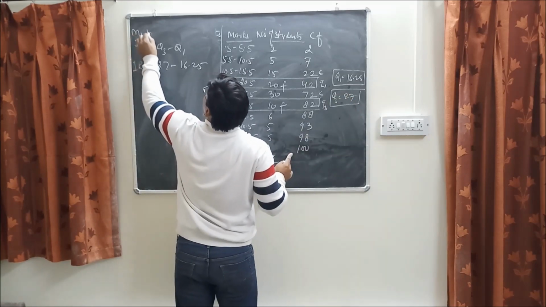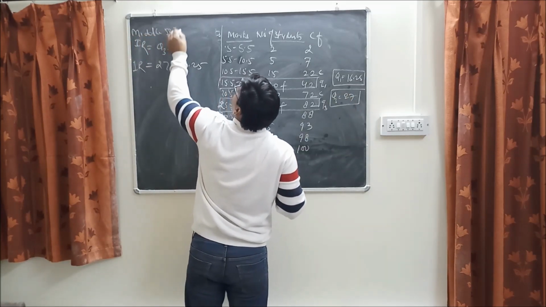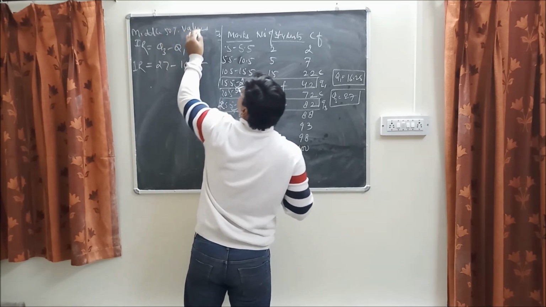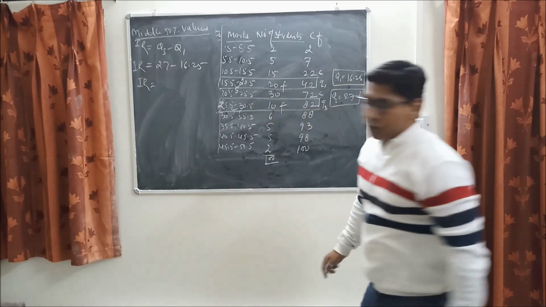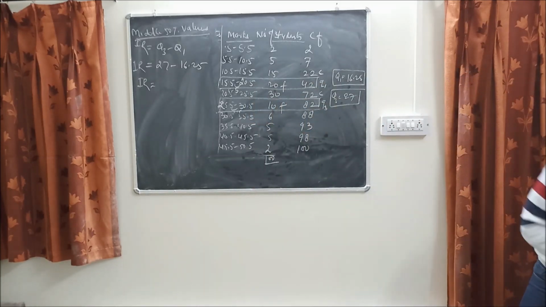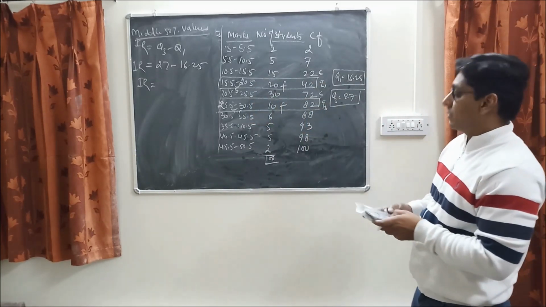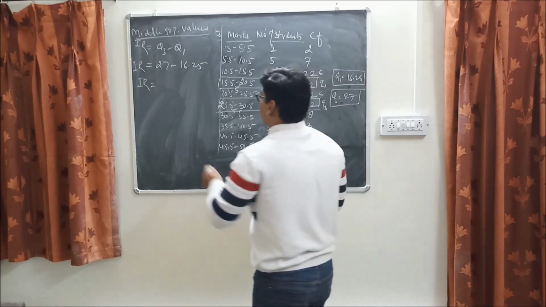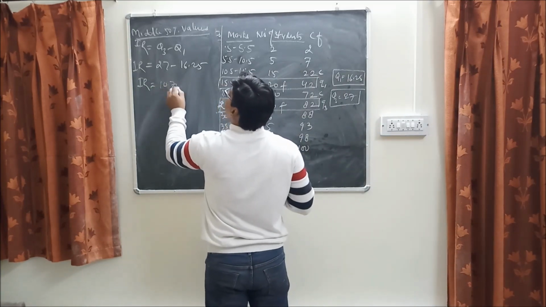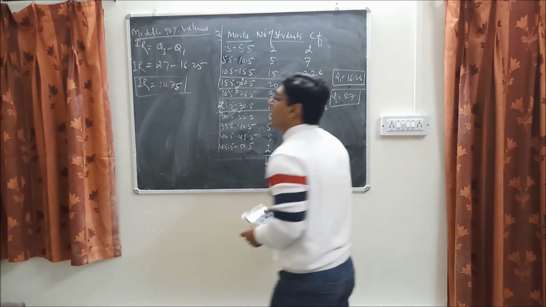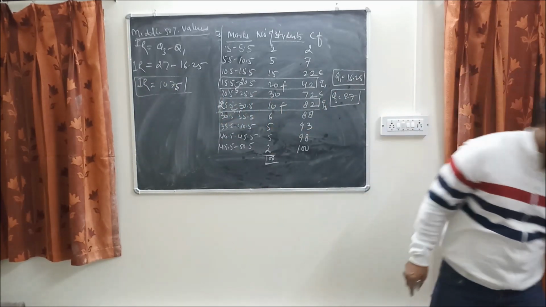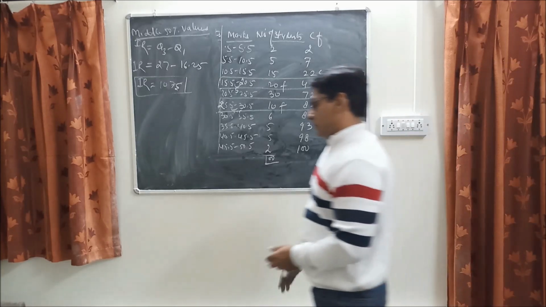IR, or we can say the middle 50% value. So IR equals 27 minus 16.25, it is 10.75. So 10.75 is the IR, the middle 50% of students.